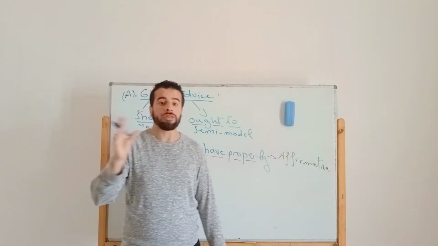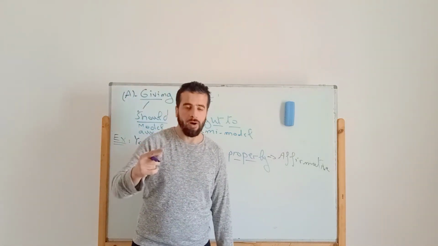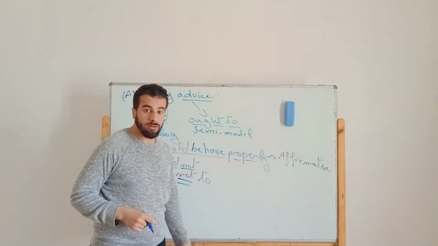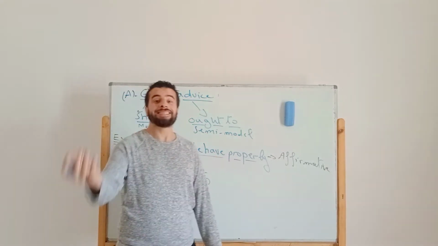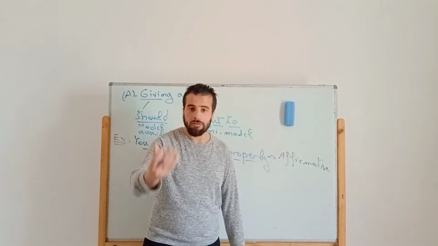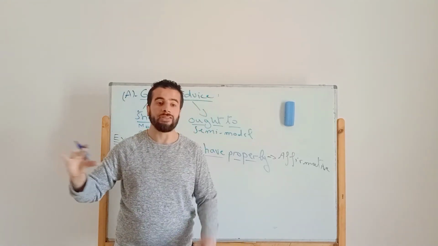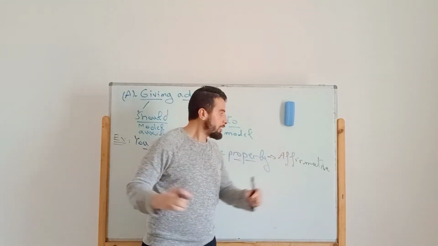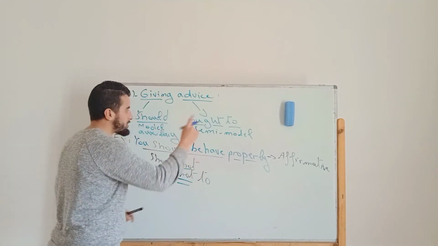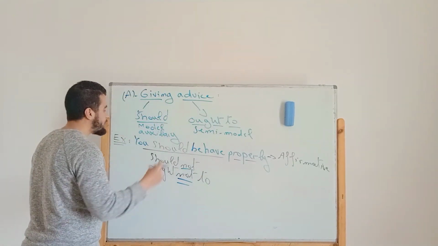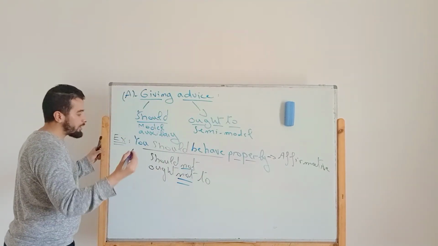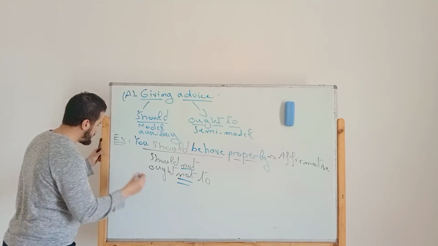So we start with a modal auxiliary. Another remark for ought to is that it is still a modal, right? But you cannot add another modal with it in order to complete the whole sentence. So we start with ought to or should when having what? An interrogative form.